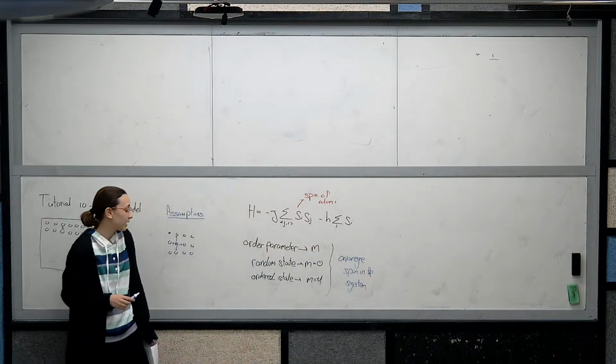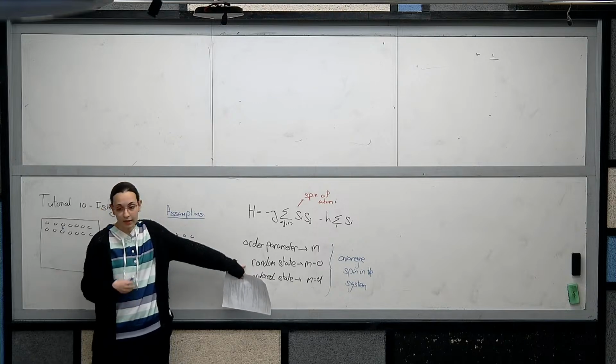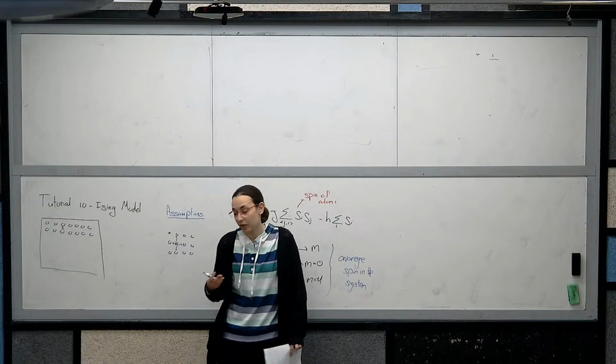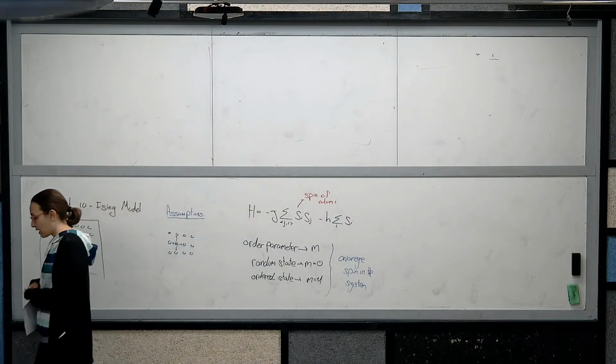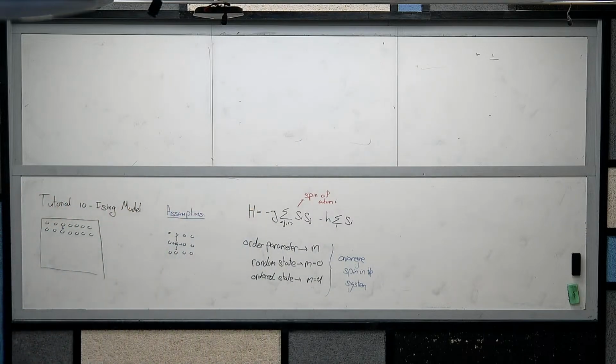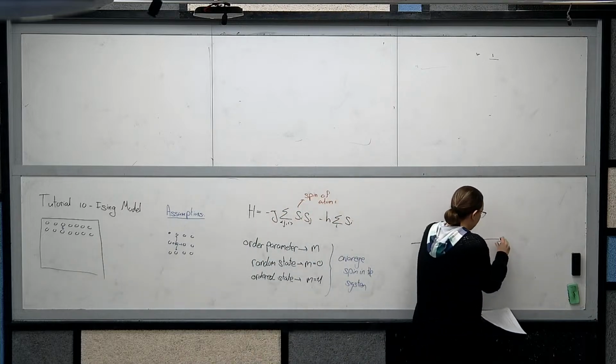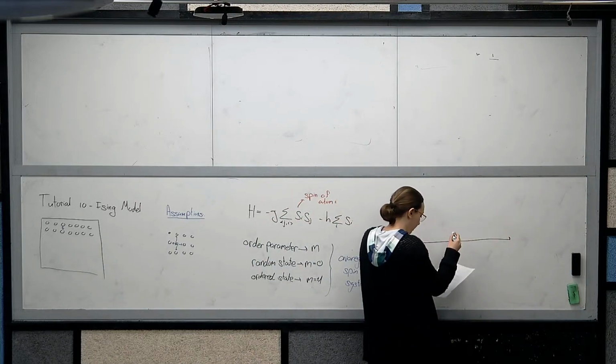Indeed, if we are in a random state, the average spin is 0, and if we are in an ordered state, the average spin is +1 or -1, and all the middle states we can get between this random state and the totally ordered state.